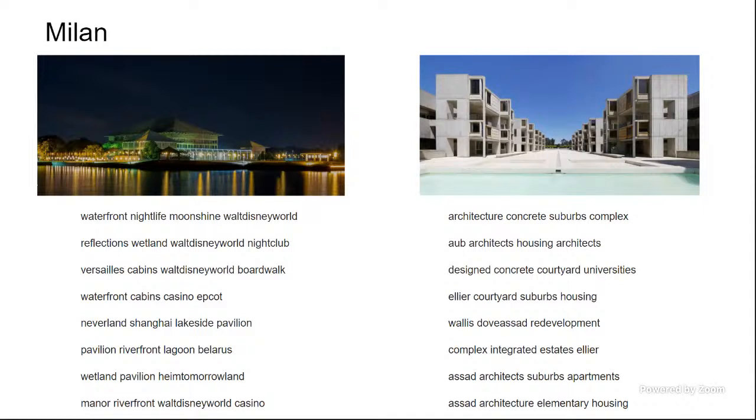Then it was able to detect there was a courtyard here. And the word integration is also given from this image because of the connected housing units. And then to the end of the iteration, it also gave out the word Assad architects, but I don't know how it's correlated to it.